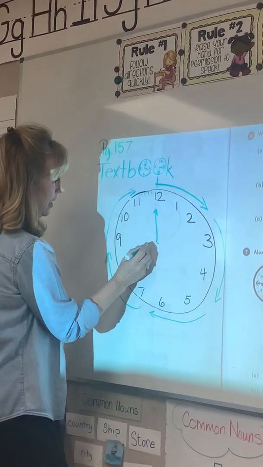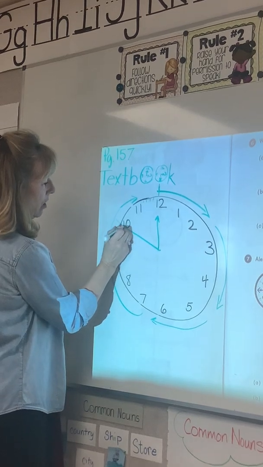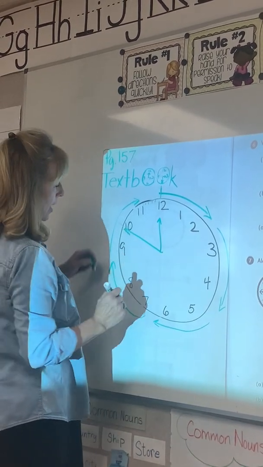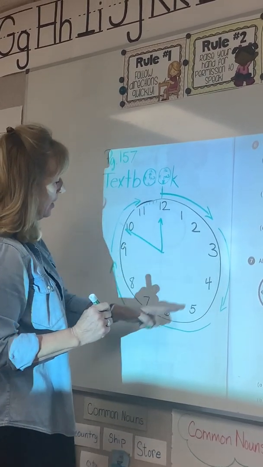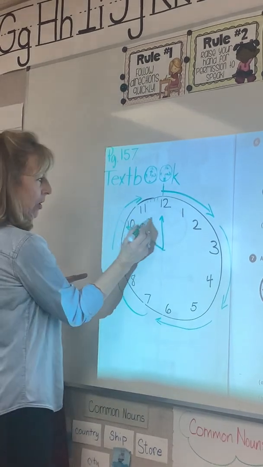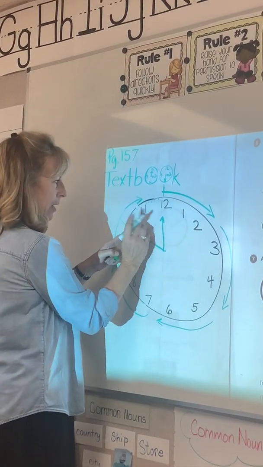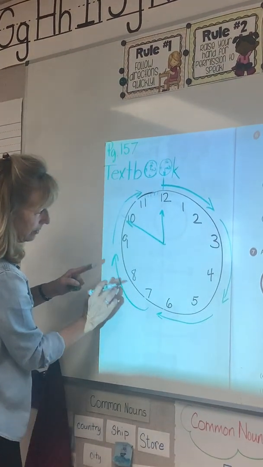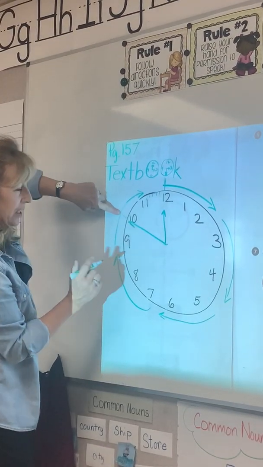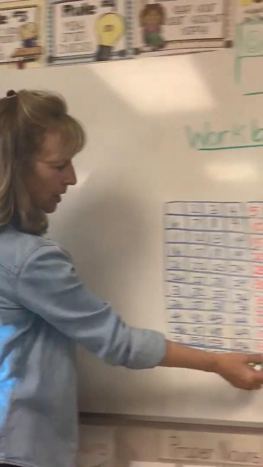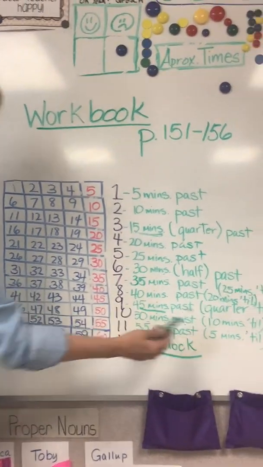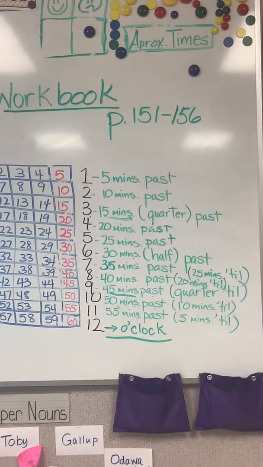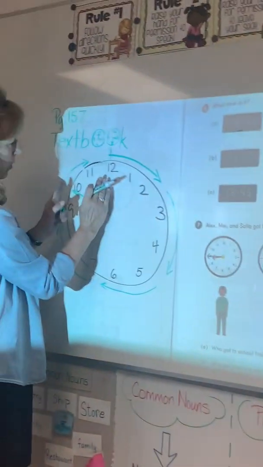That's for the shorthand, and then the longhand goes all the way to the 10. All right? This is 11:50. This shorthand started at 11, but then when the minute hand went all the way around up to the 50, to the number 10, 50 minutes passed, it sort of shifted towards the 12.